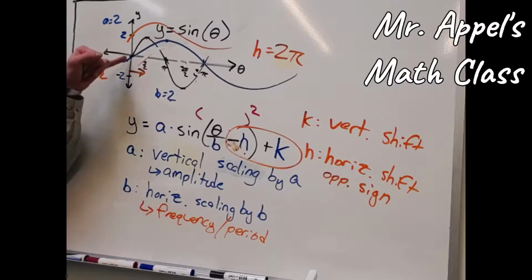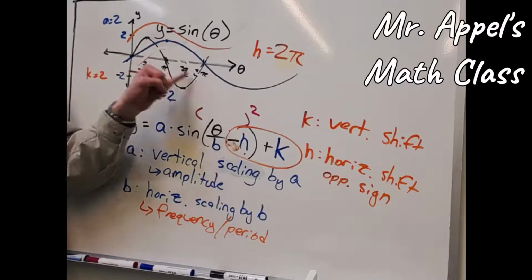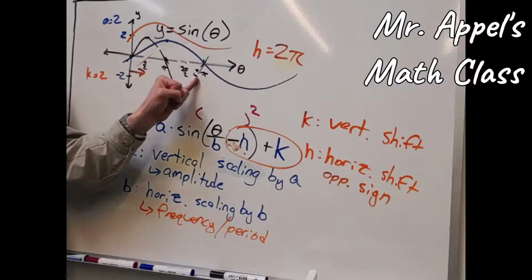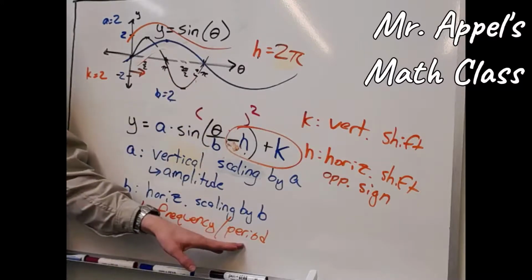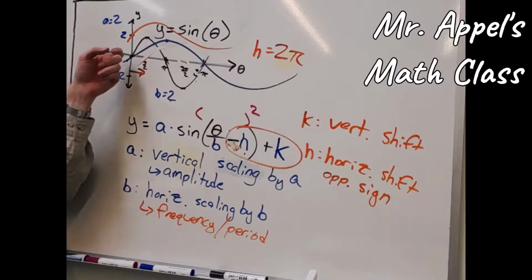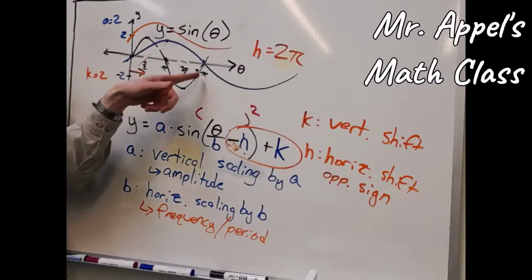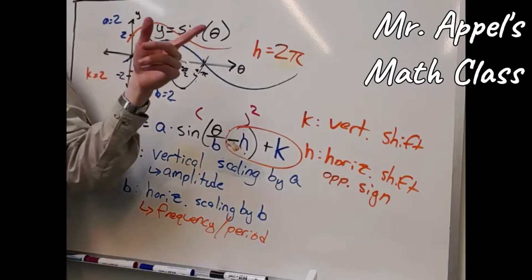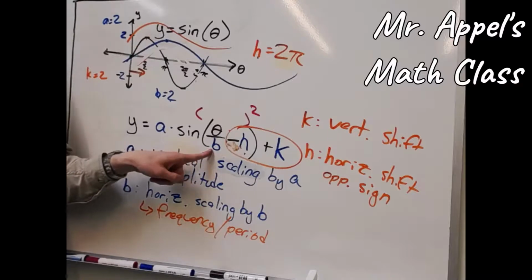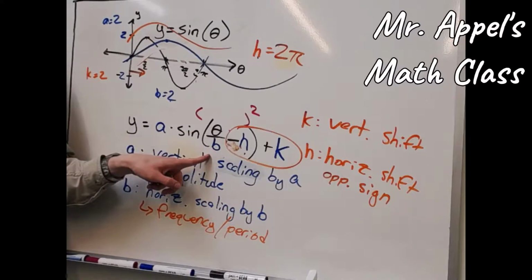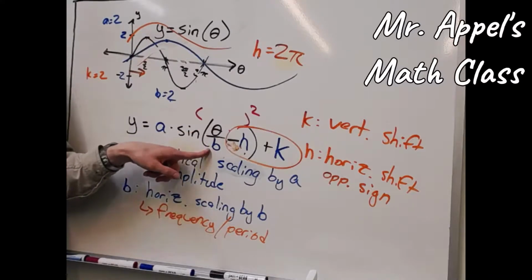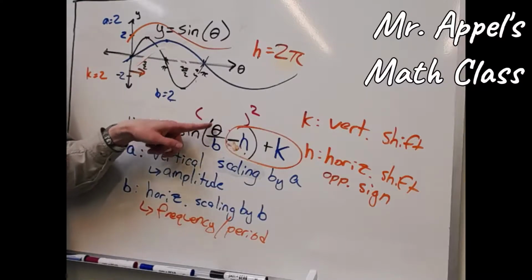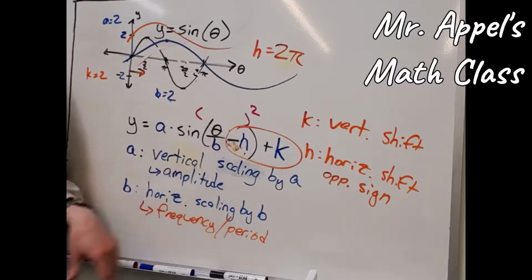Frequency is how many cycles do I get between 0 and 2 pi. Period is how much x-axis do I need before I complete one cycle. So it defaults to 2 pi, but it gets divided by whatever b is. Because if b is 2 pi, then I plug in 2 pi. 2 pi over 2 pi is 1. Right? Reduce.